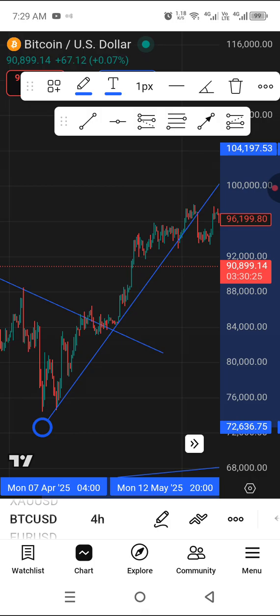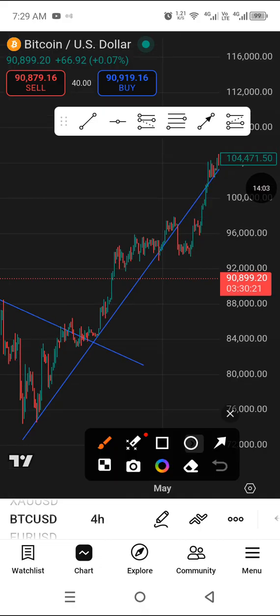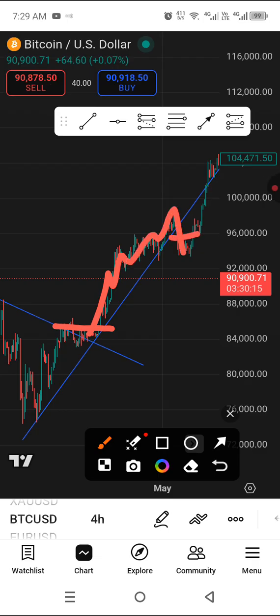If you entered for buys at this point, when price has gone up, as soon as price breaks the trend line here is when you close the trade, and then you take your profits.